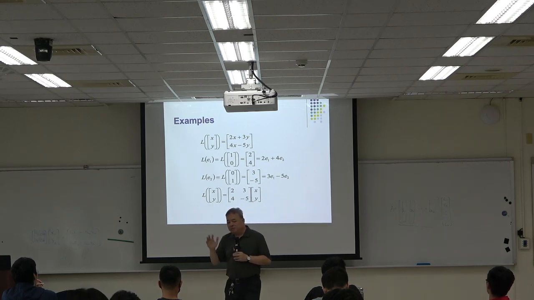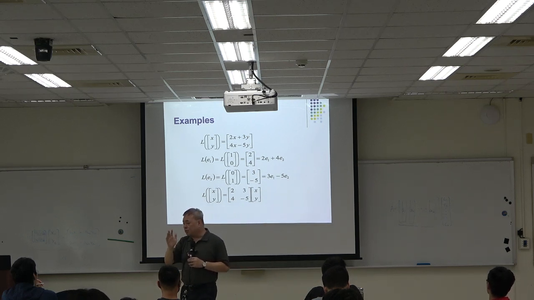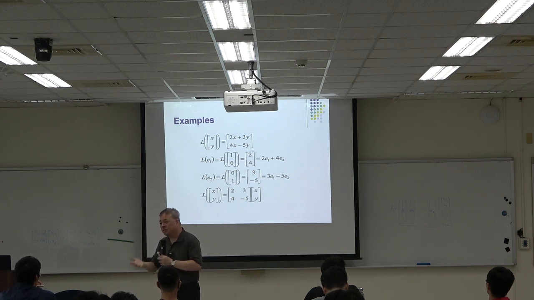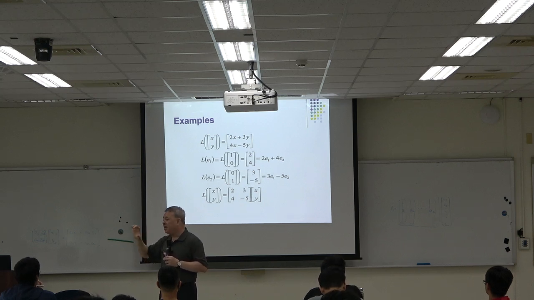Because this is from R squared to R squared, we can choose the bases such that these two bases are the same, since they are both R squared. In this case, we use E1, E2 as B1 and B2.